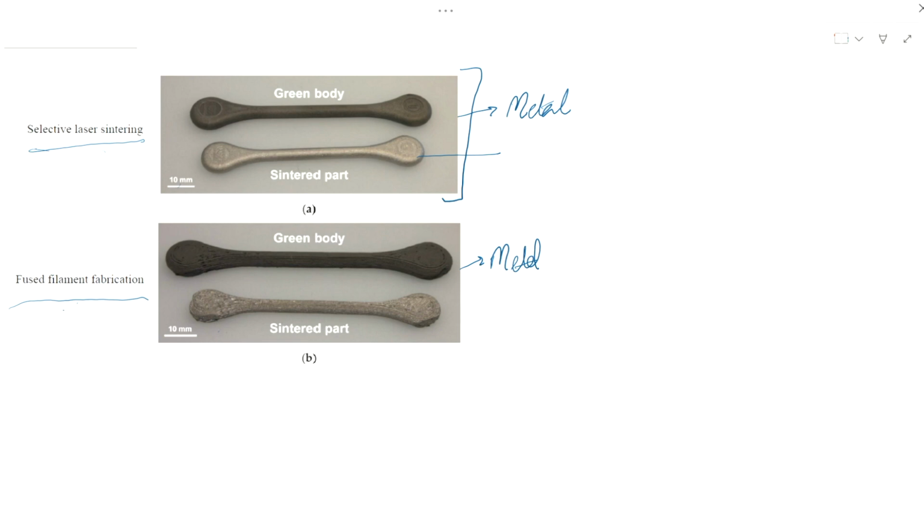For those cases, we have to use the DED process or SLM process. Simple components we may use such a process, but for complex components we should use DED or SLM process.